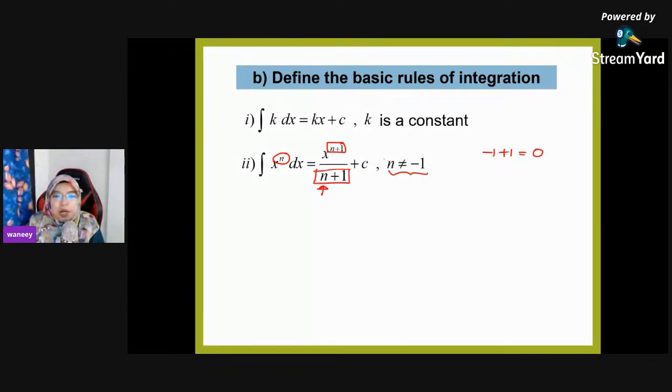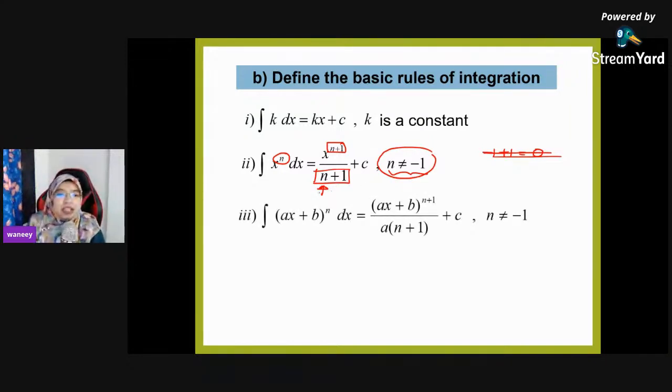That is the reason why we have this restriction. n cannot be equal to negative 1, otherwise n plus 1 will become 0 and it will become undefined. Because we divide by zero, we get infinity. So we must always avoid that. For the basic rule of integration, always remember n cannot be equal to negative 1. If n is equal to negative 1, we are going to use some special rule for it.